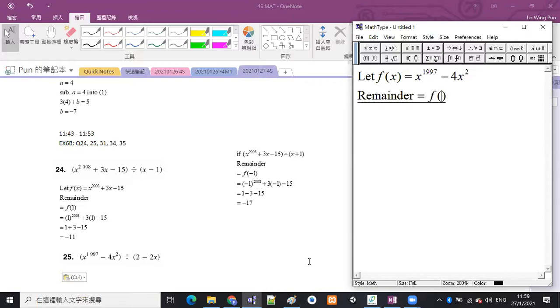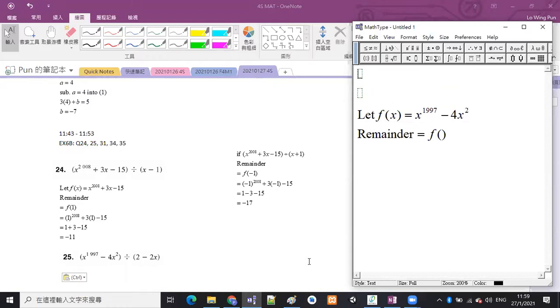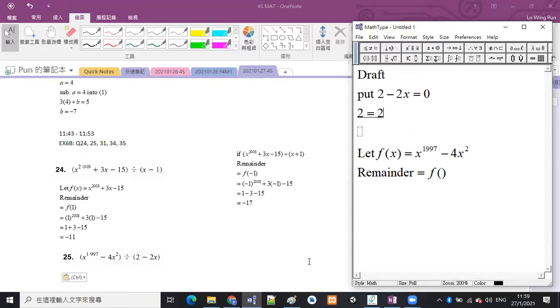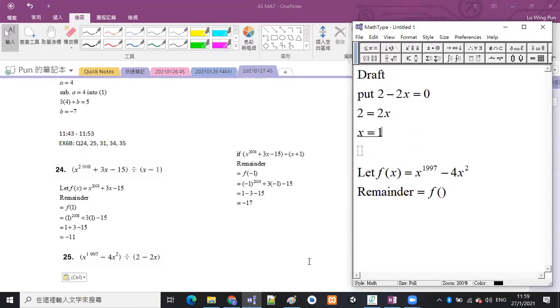f of a number. I want to show you that if the divisor is 2 minus 2x, we just put 2 minus 2x equal to 0 and then calculate the value of x. So 2 is equal to 2x, so x is equal to 1.